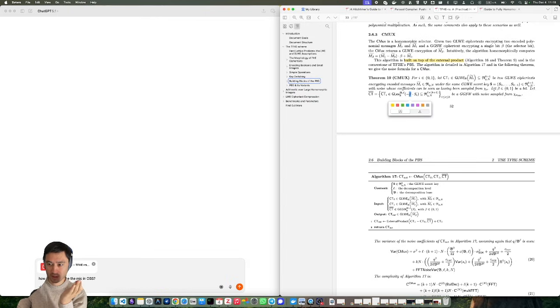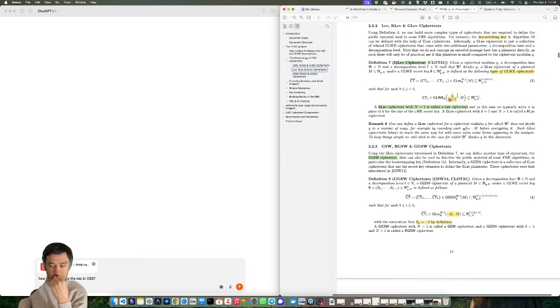Wait, is that the same beta as the control, the selector bits? That doesn't make sense, right? Isn't GLEV... Let me just go back to that definition. That was the definition, right? We had this base.